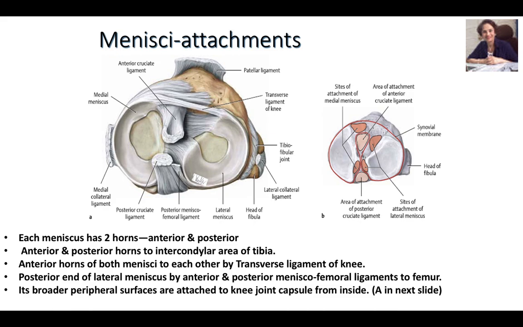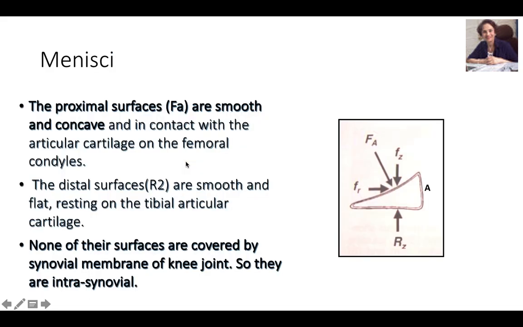The outer or the peripheral border of both the menisci is attached to the capsule of the knee joint. And here you can see in this wedge shape, this is a peripheral border and this is attached here and there to the knee joint capsule. Now proximal surfaces of both the menisci are smooth and they are concave.